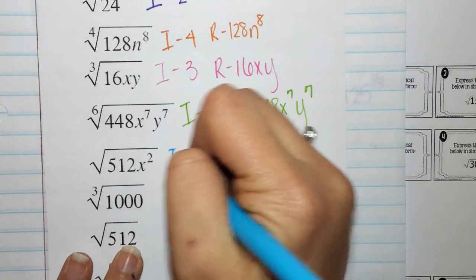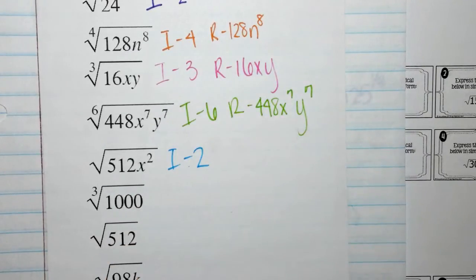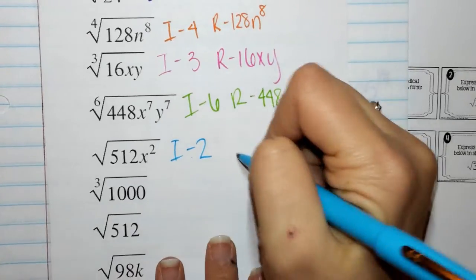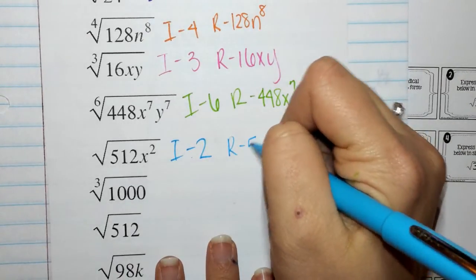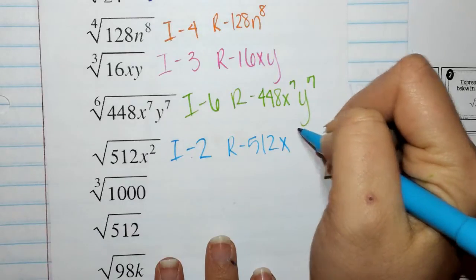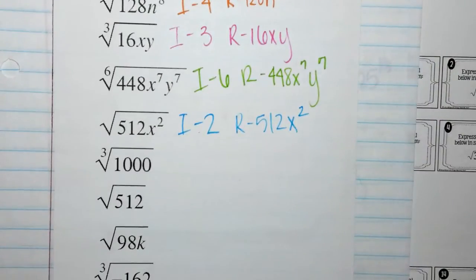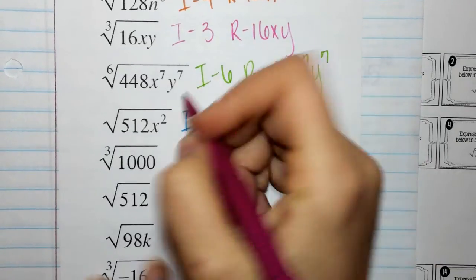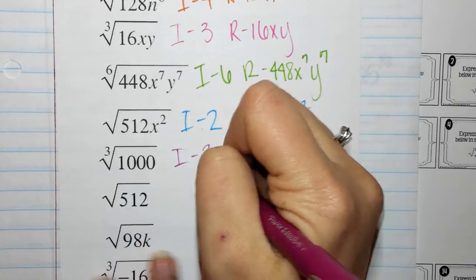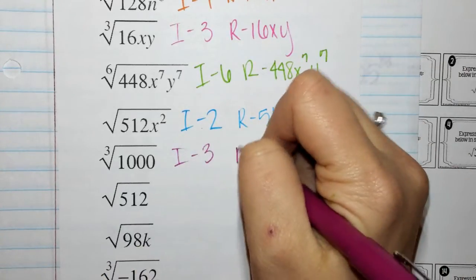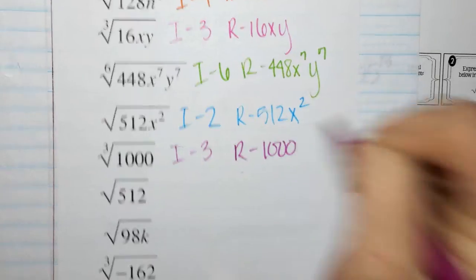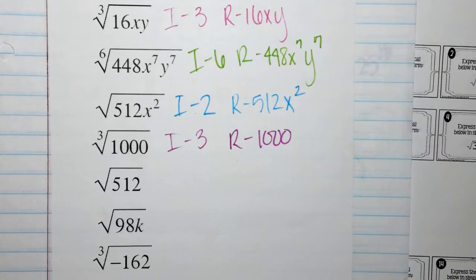The index is 2 because it's not written. And the radicand? 512x squared. Durmstrang, what is our index? 3. Fill in the last 3 without me.